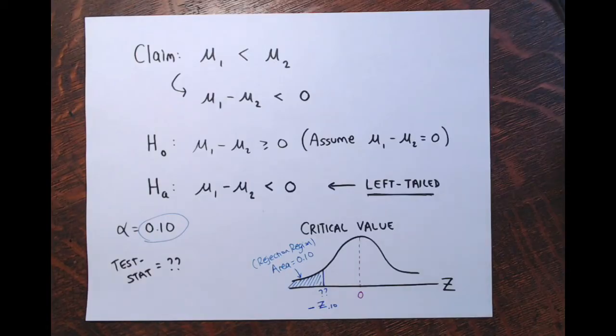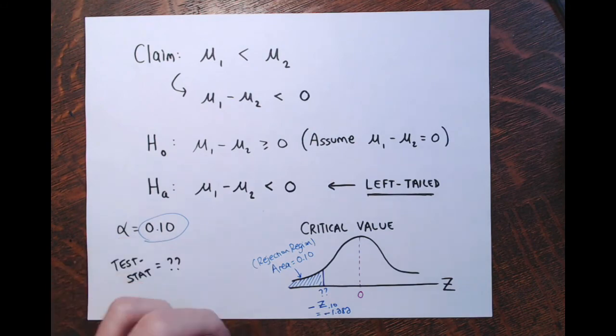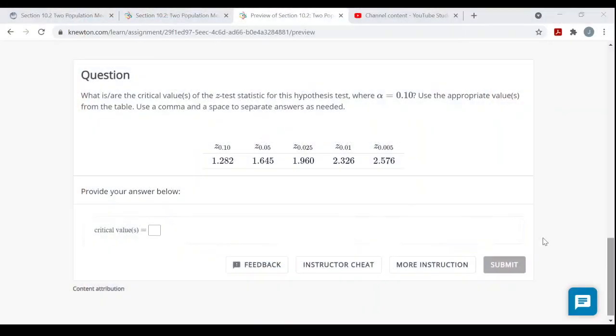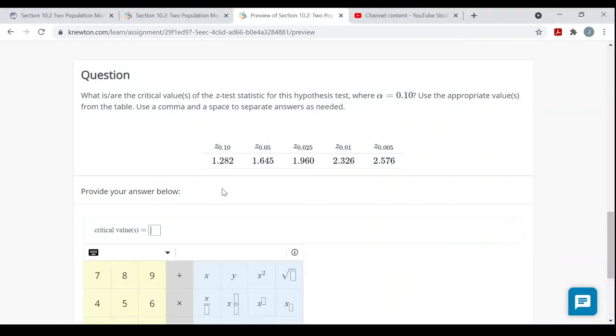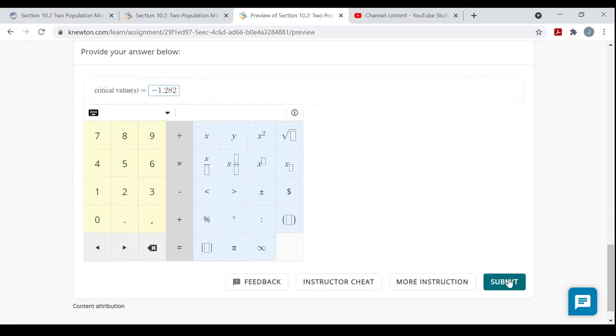All right, so back on my paper, this value is negative 1.282, right? The critical value for our left tail rejection region is negative 1.282. All right? So make sure you're putting in a negative here because, again, it is a left-tailed test. Now, if it were just a right-tailed test, it'd be positive 1.282, the entrance to that rejection region on the right tail. But it's a left-tailed test, so make sure it's negative.